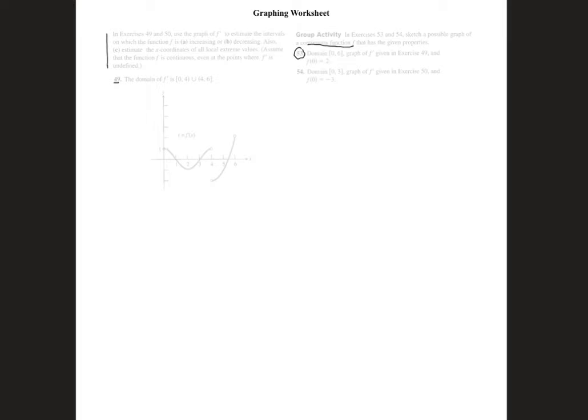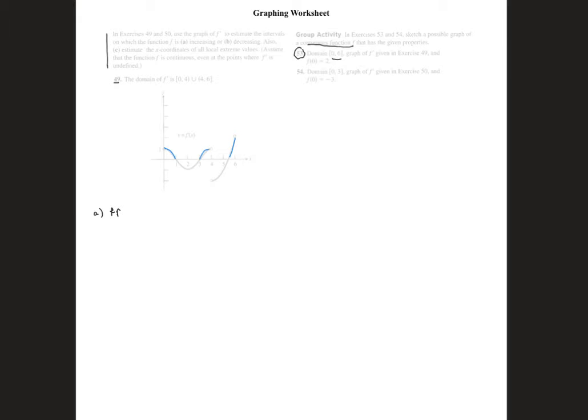So first we want to know where the graph of f is increasing and where it is decreasing. Remember, when the derivative is positive, then our original function f is going to be increasing. So f will be increasing on that interval, and we're only defined here from 0 to 6. This does not extend beyond what we see here.